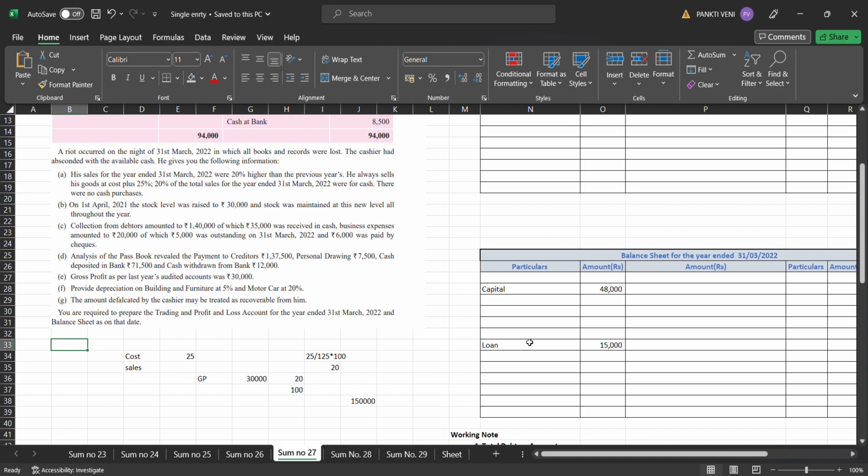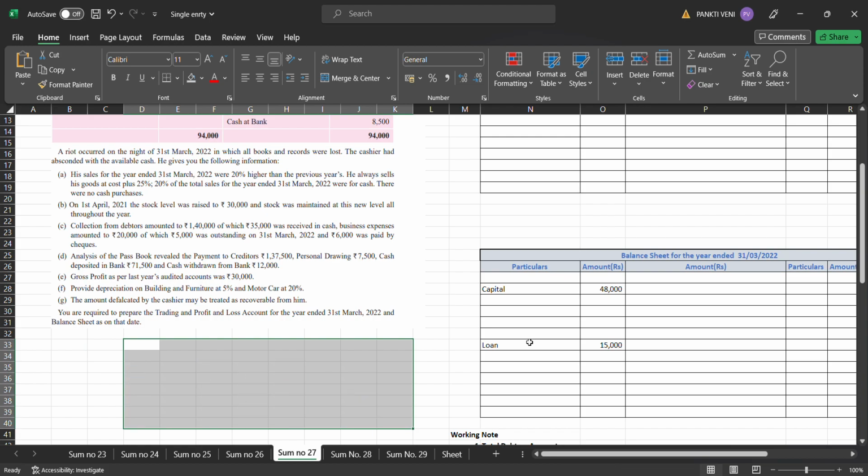Analysis of passbook revealed the payment of creditors to be 1,37,500, personal drawing 7,500, cash deposited in bank 71,500, cash withdrawn from bank 12,000. Gross profit as per last year's audited accounts was 30,000. Provide depreciation on building and furniture at 5% and motor car at 20%. The amount defalcated by cashier may be treated as recoverable from him.